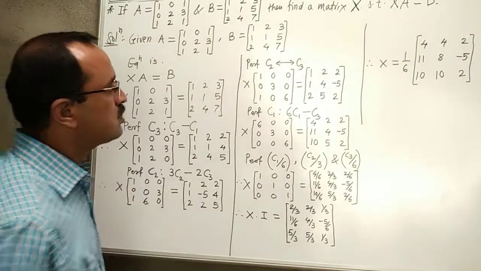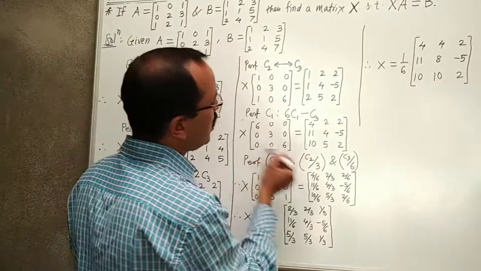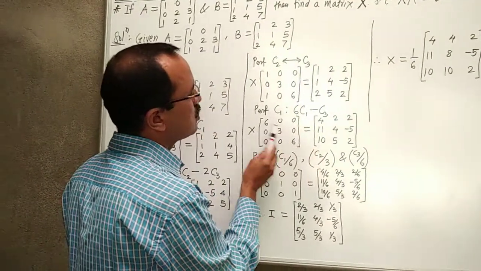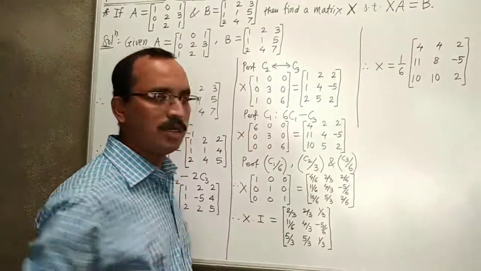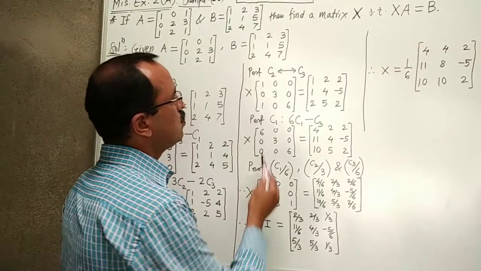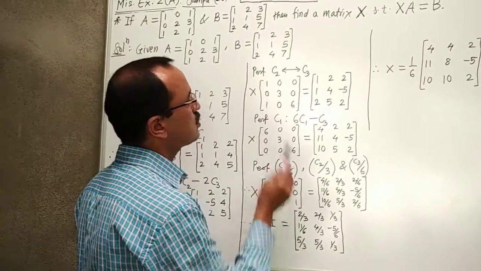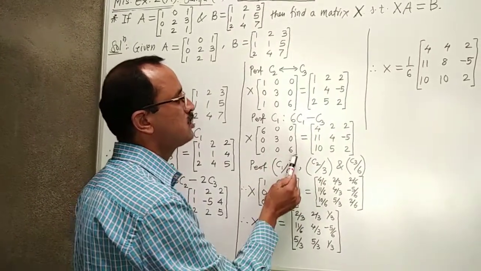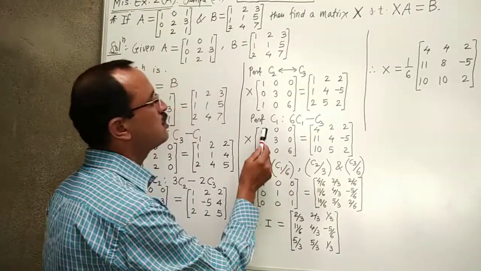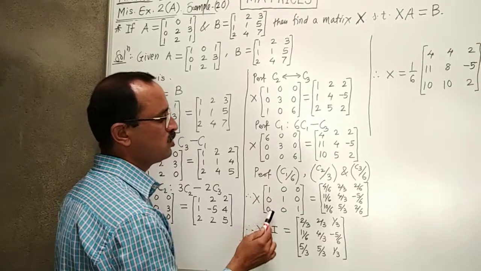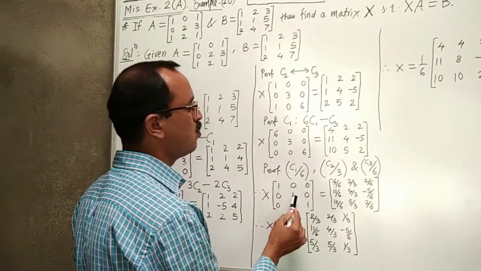Now we see that this is a diagonal matrix and the diagonal is 6, 3, 6. We have to find the identity matrix, so we divide C1 by 6, C2 by 3 and C3 by 6. C1 by 6 gives 1, 0, 0. C2 by 3 gives 0, 1, 0.